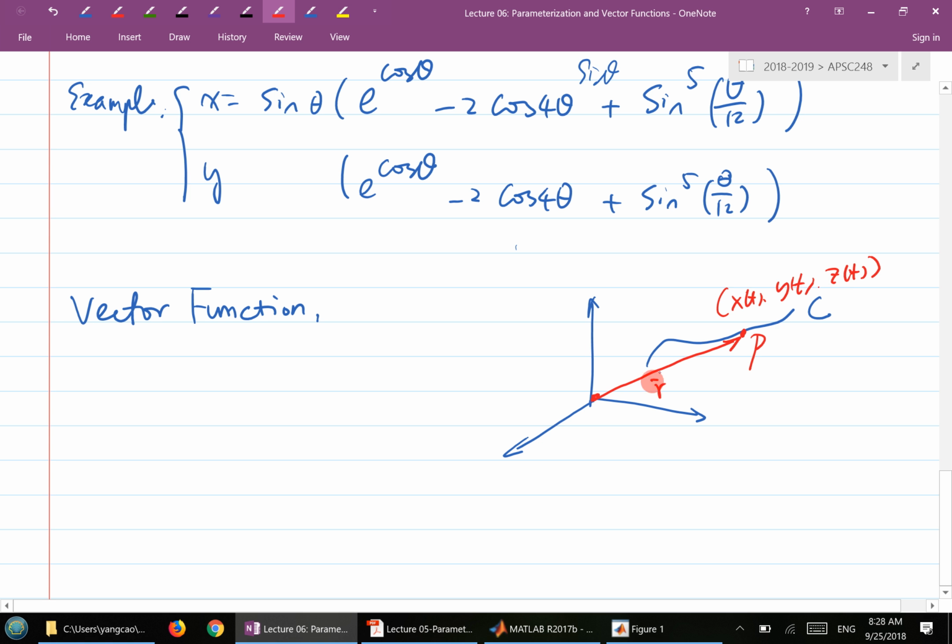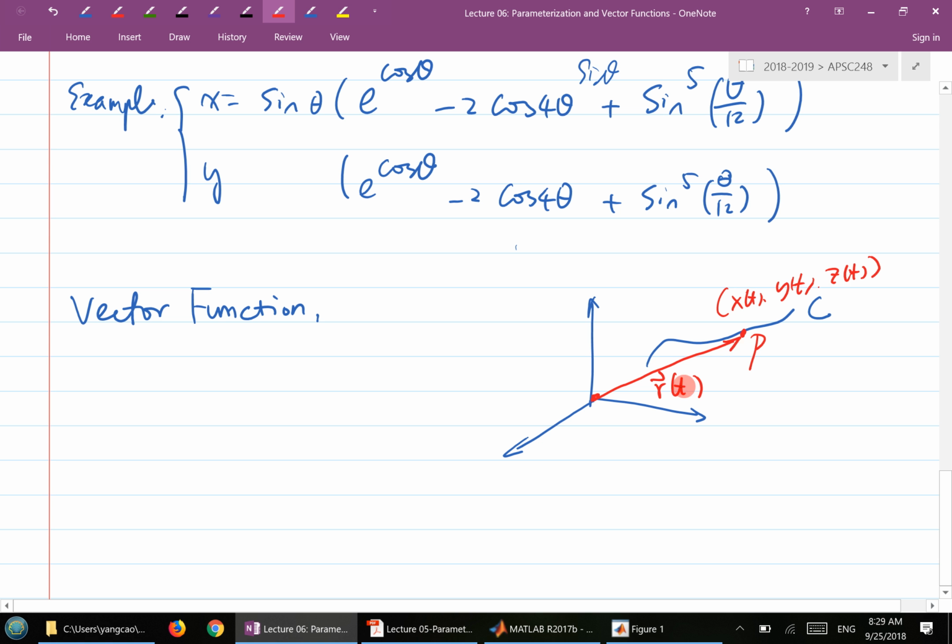So I will use r of t to represent this position vector. The reason we have bracketed t is because P is a moving point. As time changes, as the parameter t value changes, this vector r of t will also change. That make sense?